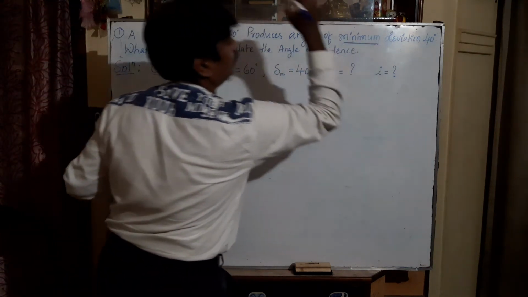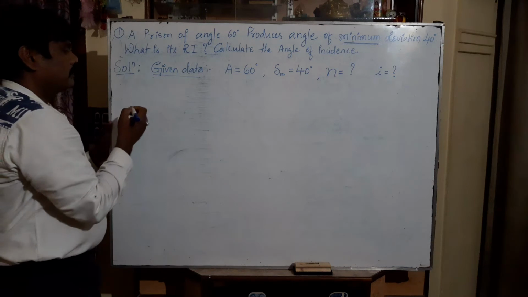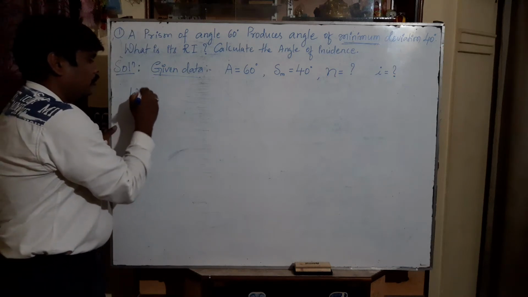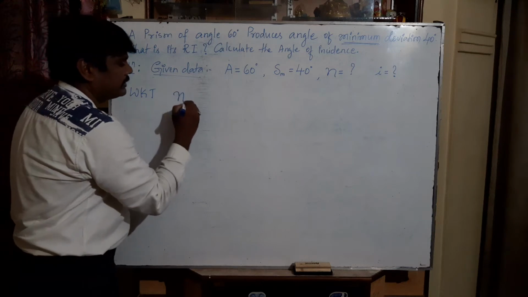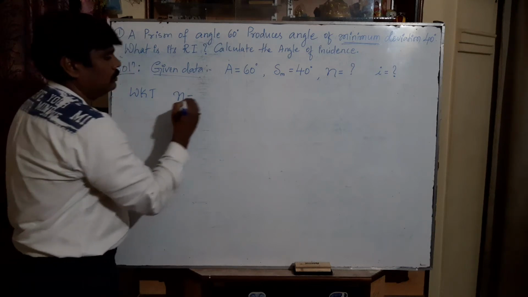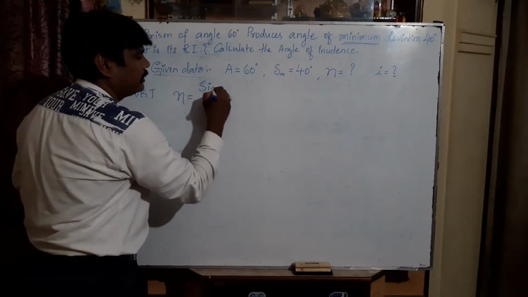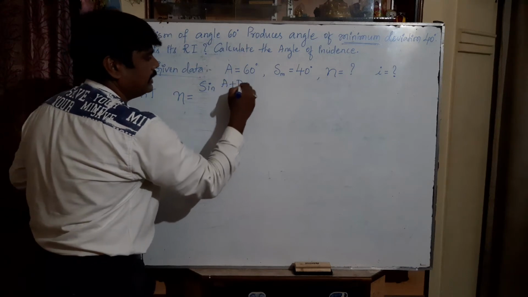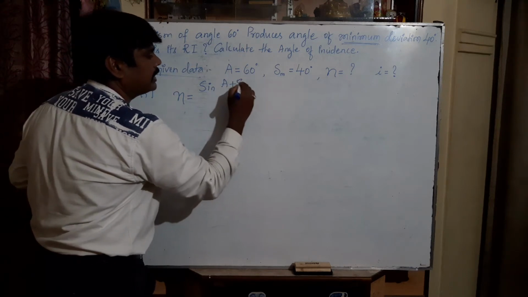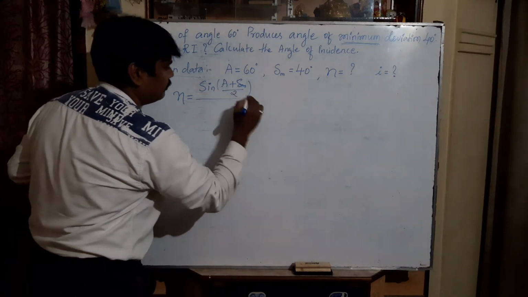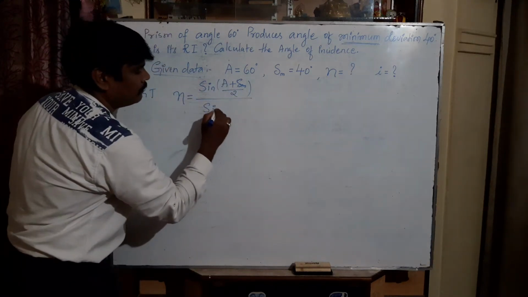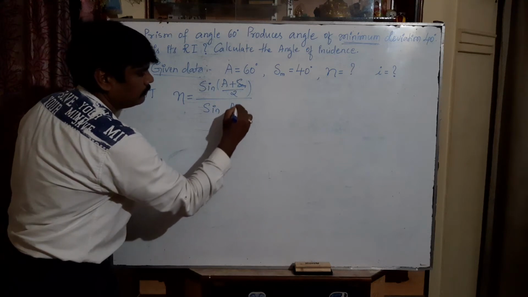Minimum deviation is given. So, for minimum deviation, we know that in a prism, the refractive index n is equal to sine of (A plus D, or you can take delta m) whole divided by 2, divided by sine of A by 2.